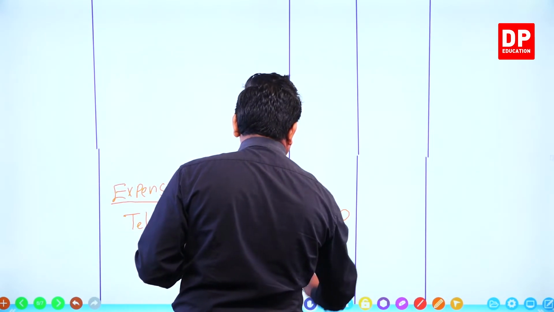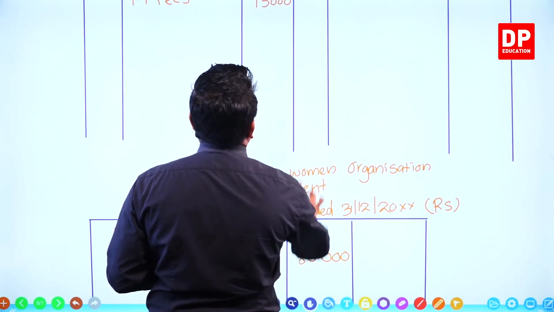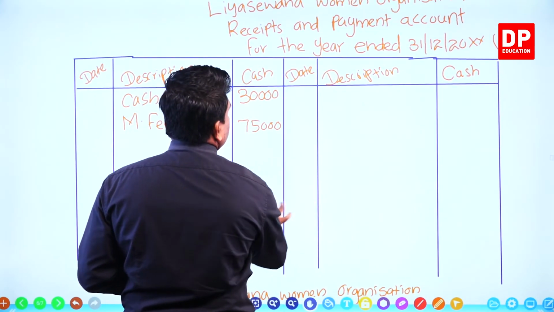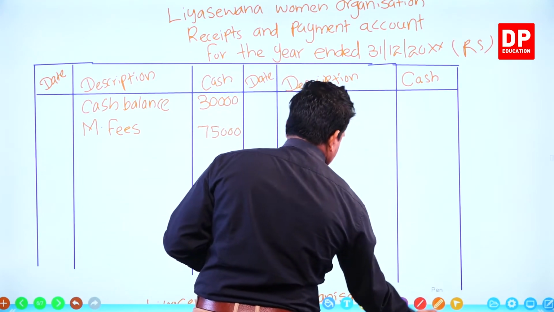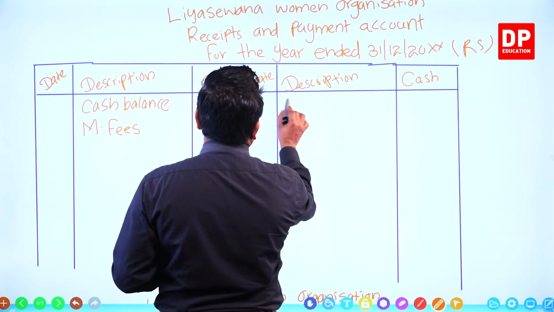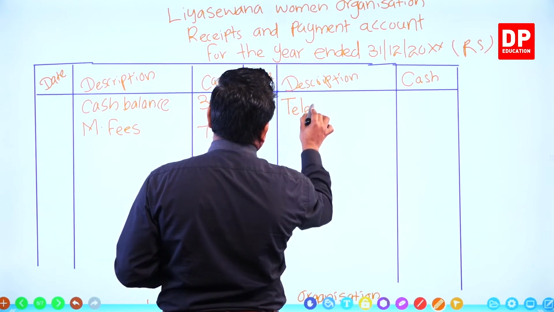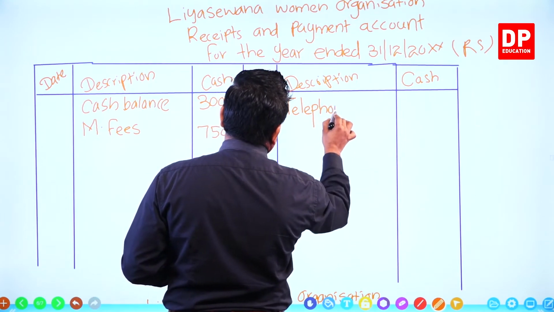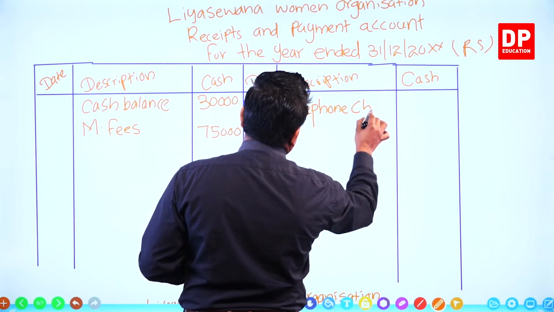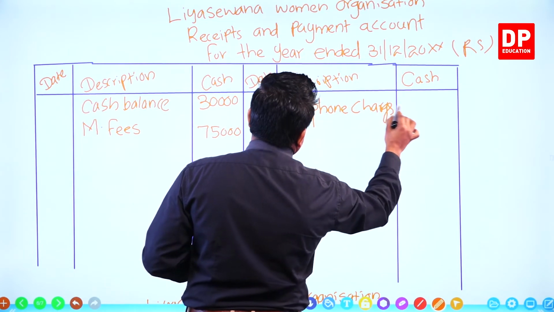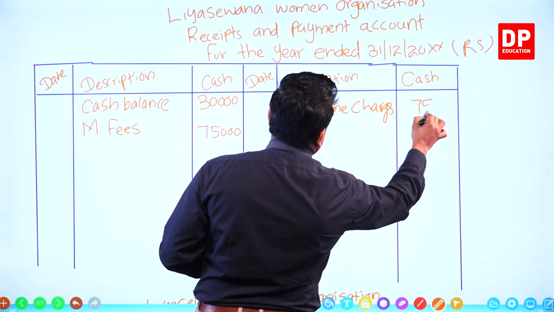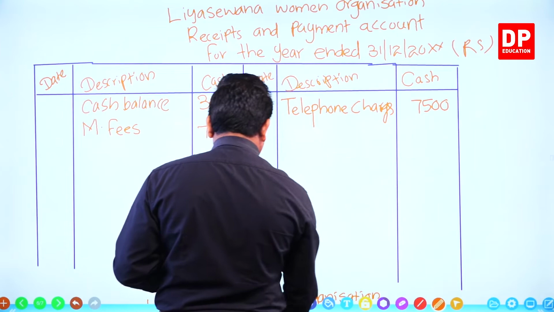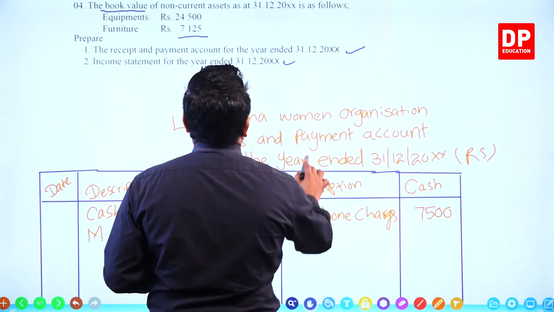Then it is 7,500. You write in the receipts and payment, telephone charges 7,500. Now it's finished.